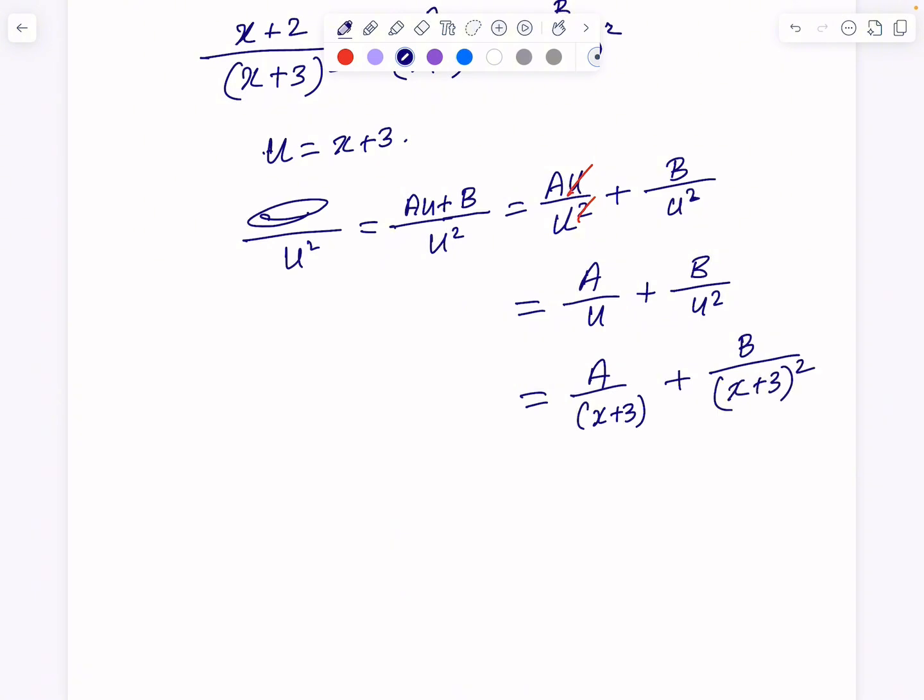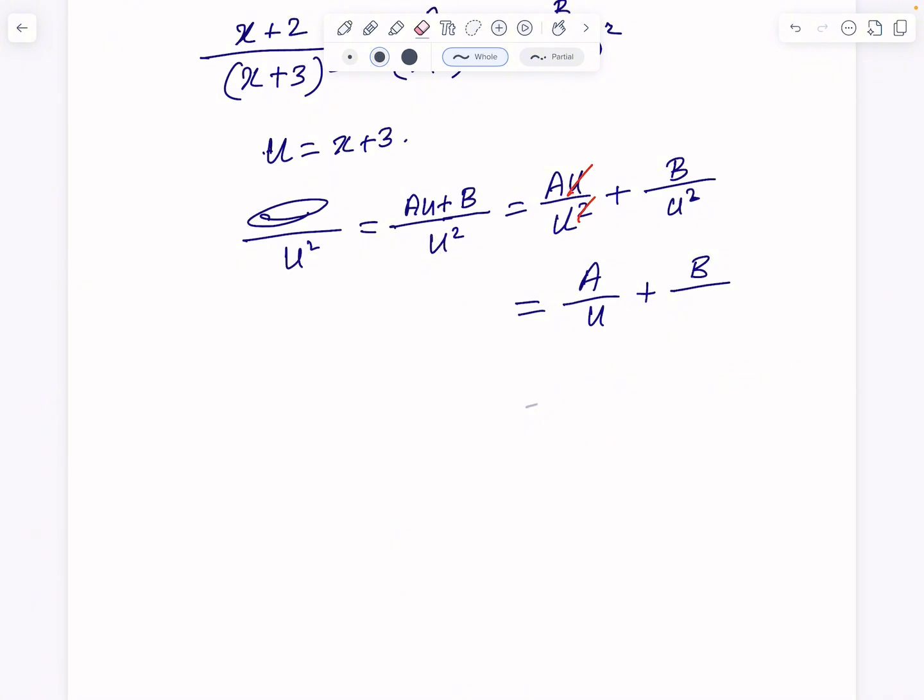And therefore we're going to have a divided by x plus 3 plus b divided by x plus 3 whole squared. And that's why it is repeated twice in an ascending manner, which is linear, and this one is quadratic.